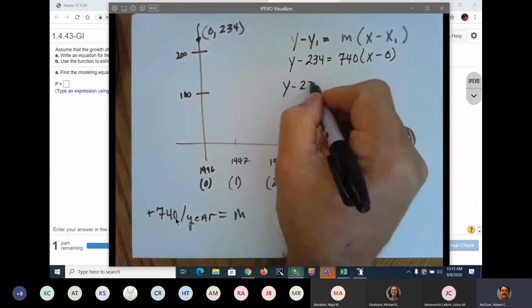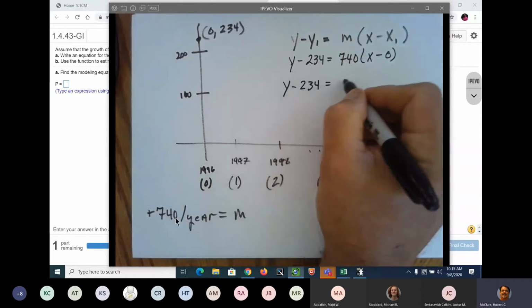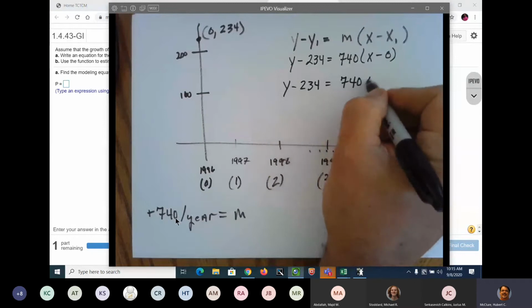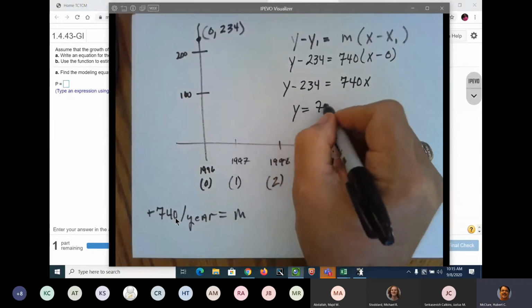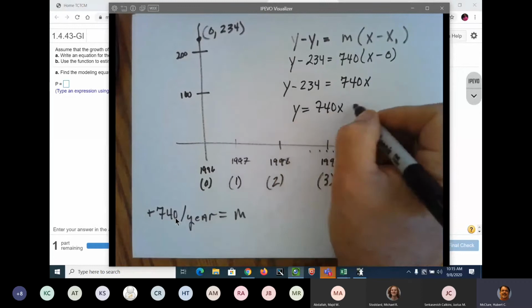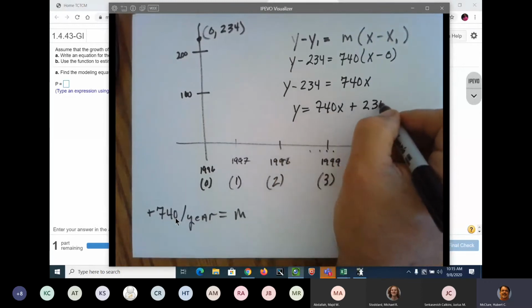Y minus 234 is equal to 740x. Y is equal to 740x plus 234.